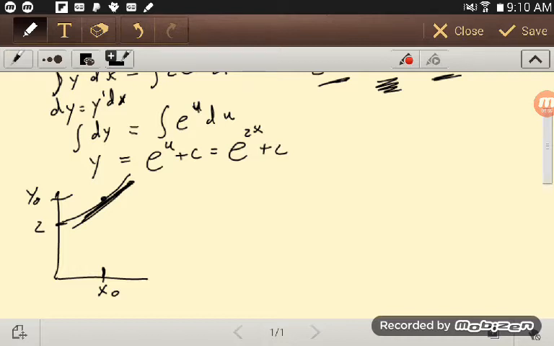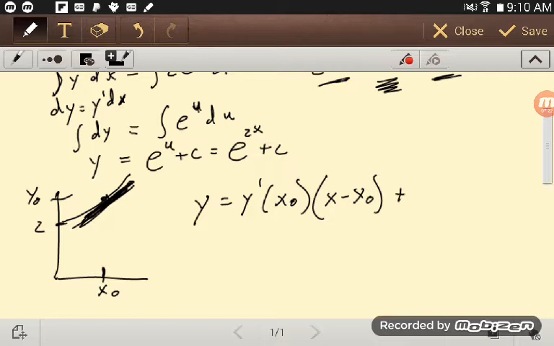I know the tangent line is y equals, and I'm just using the point slope form, so it's y prime at x0, because that's the slope of the tangent line at that point, times x minus x0, and plus y0. So there's the tangent line.